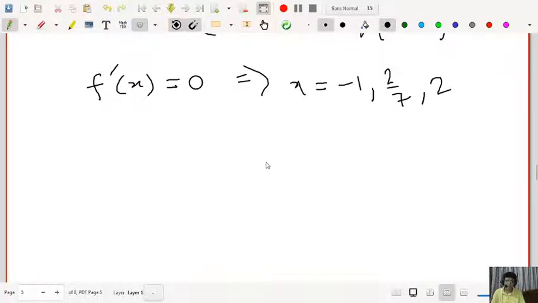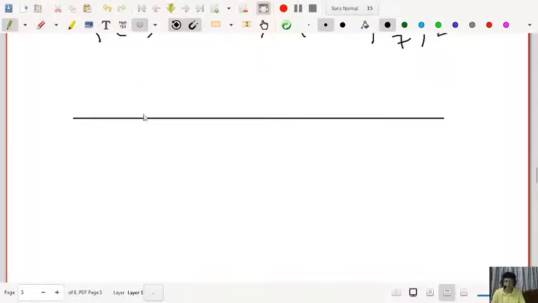By the wavy curve method you can easily check the changes of sign. This is -1, this is 2/7 and this is 2. By the wavy curve method the signs will be positive, then negative, and then positive.